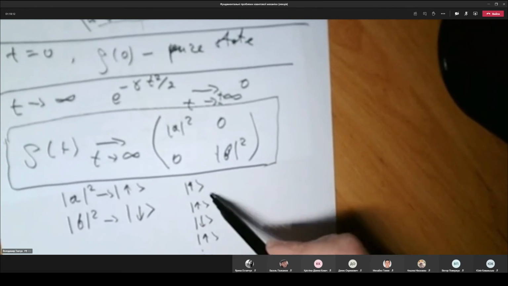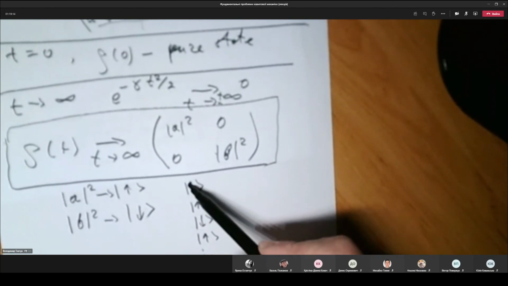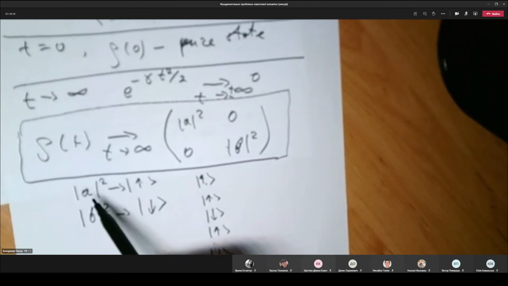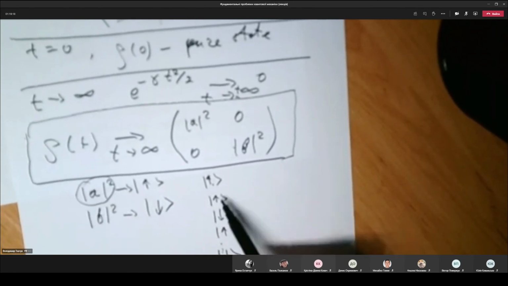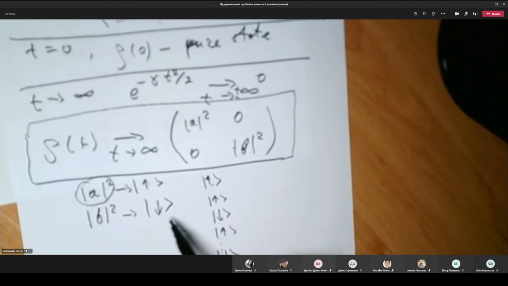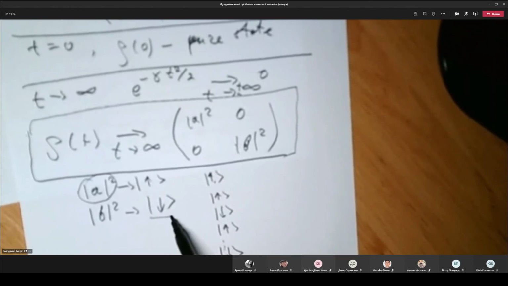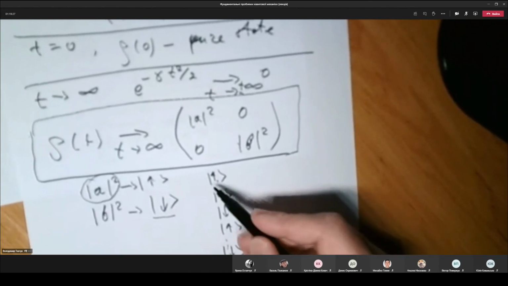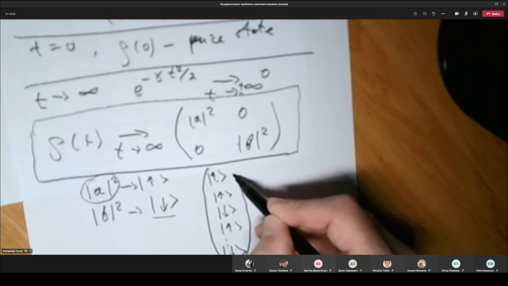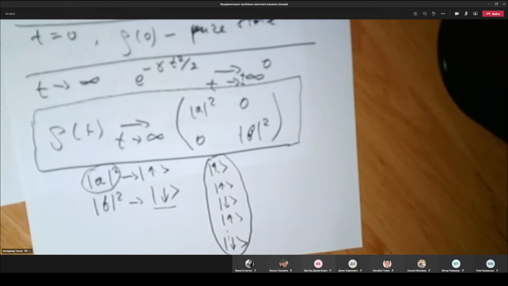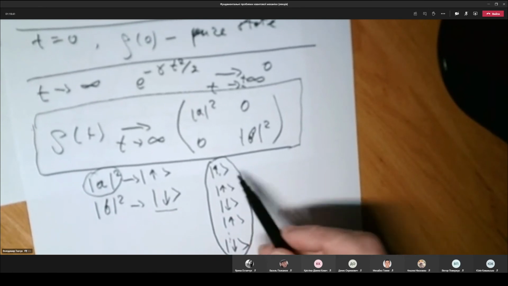And the probability to find a spin arrow up is A squared, and the probability to find a spin in arrow down is B squared. So it is a state which is absolutely mixed, and here we have no coherence.